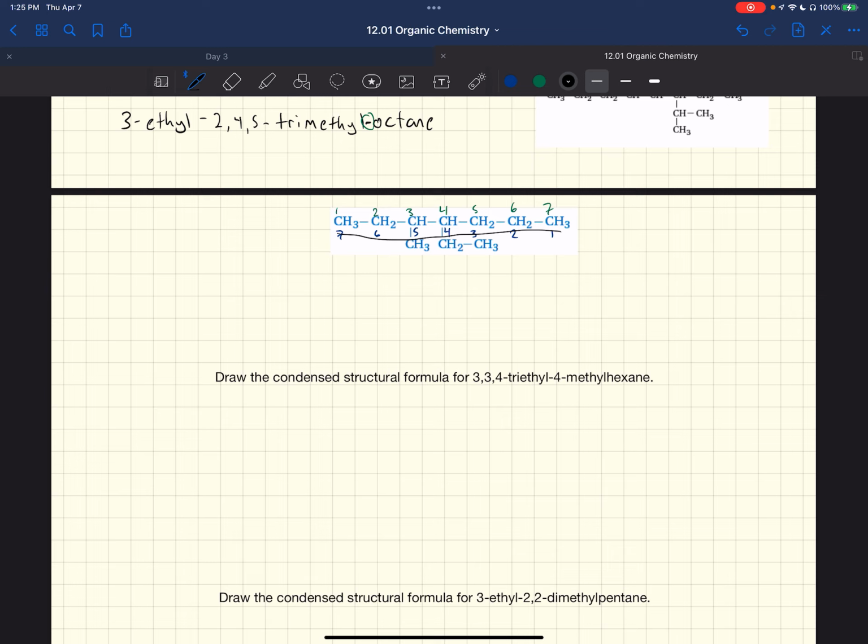So then the ethyl is going to get named first. So that's 4-ethyl. Sometimes I'll write them out to the side. So 4-ethyl and then a 3-methyl. So that's 4-ethyl, 3-methyl heptane.